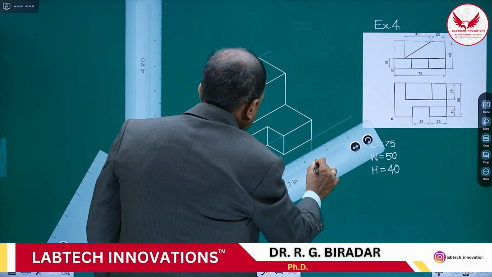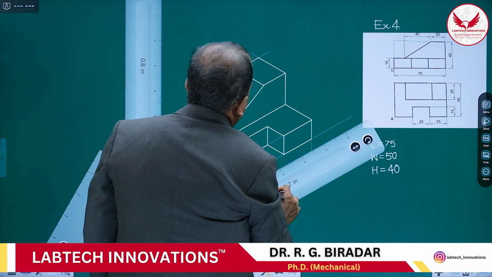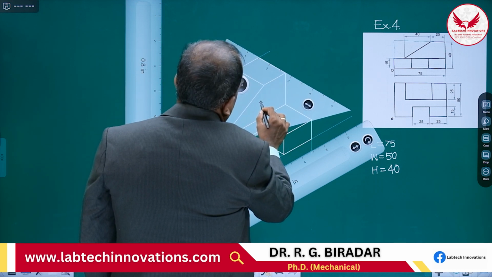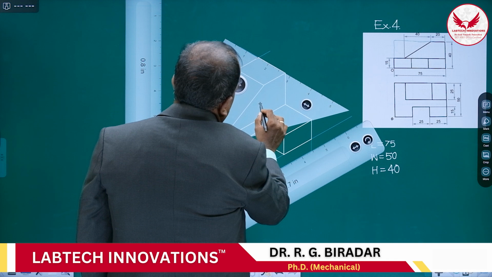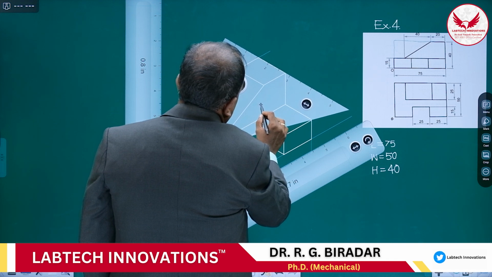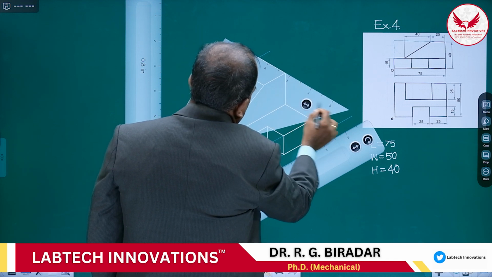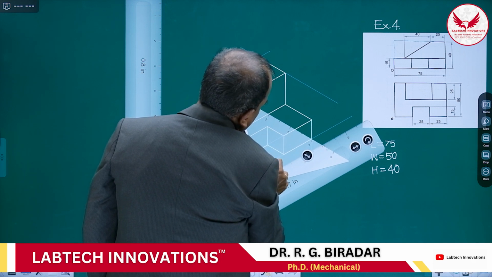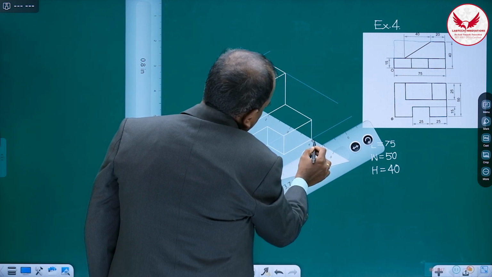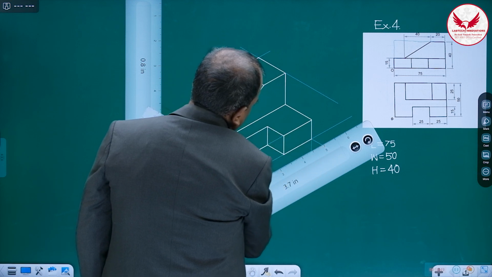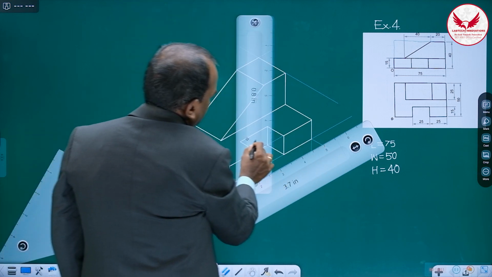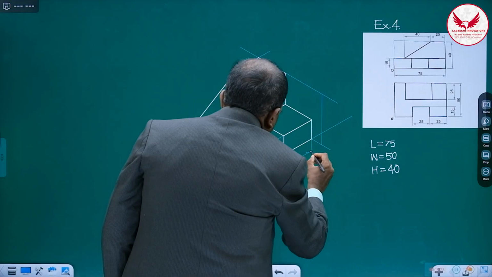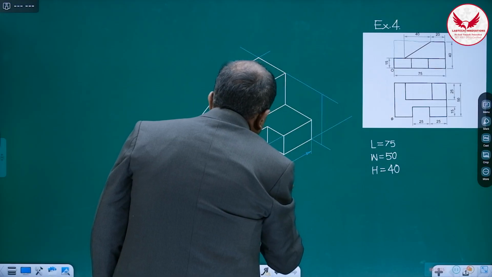Here you can mark the length, and for the height is concerned, you can do like this. You can extend this line and then lowermost edge, you can extend this. Very light. Light lines should be very light.